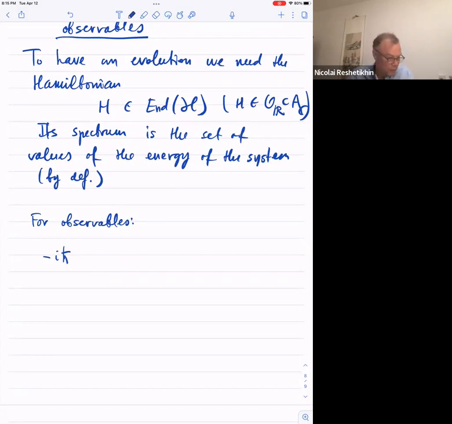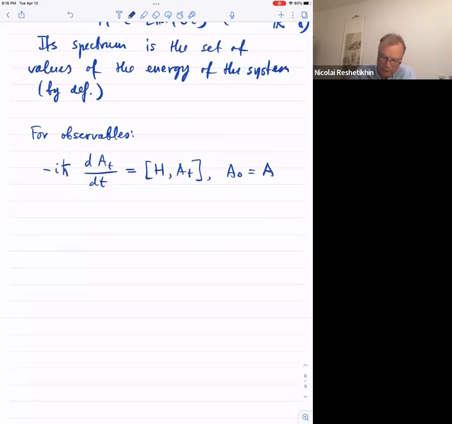For observables, the evolution is given by this linear differential equation, with initial condition A. For density matrices, it's almost the same, but the sign is different.